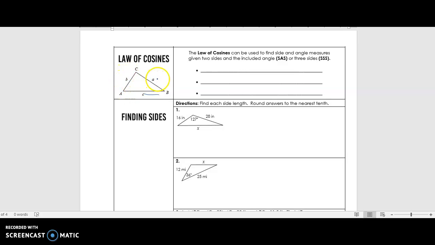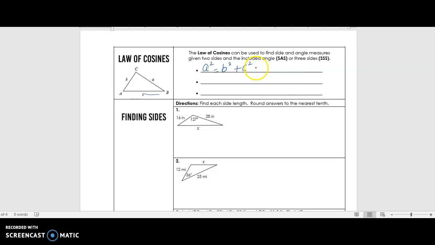Here you see three sides with lowercase letters, and the angles are measured in uppercase A, B, and C. So there is a pattern to what's going to be written here. Just carefully observe. To find a squared, where a is the side opposite the angle A, a squared is equal to b squared plus c squared.